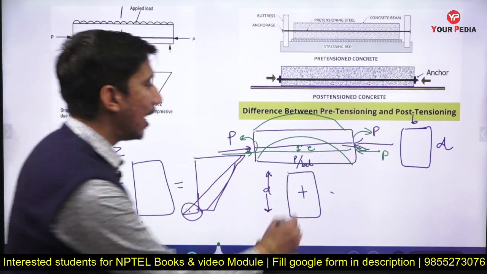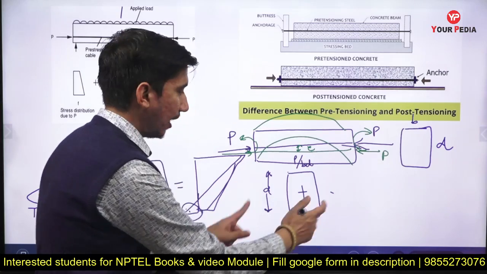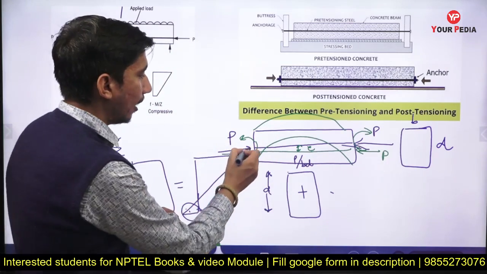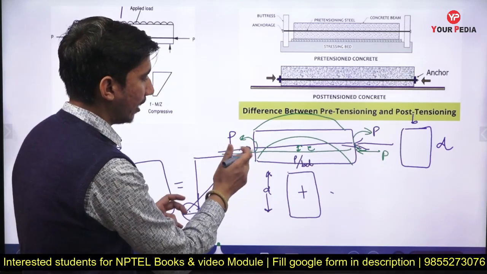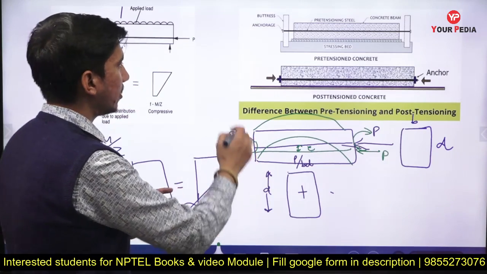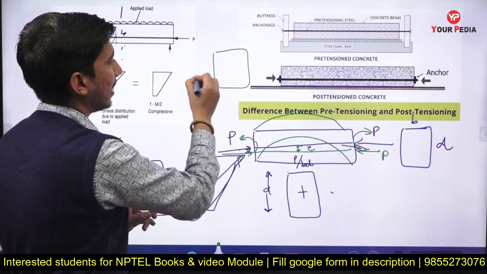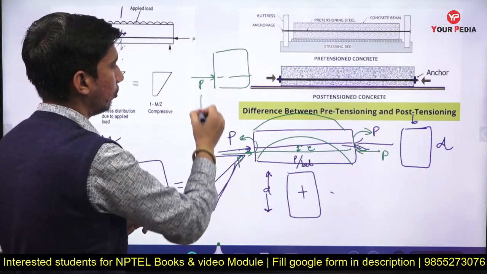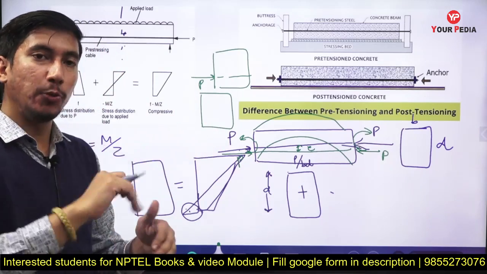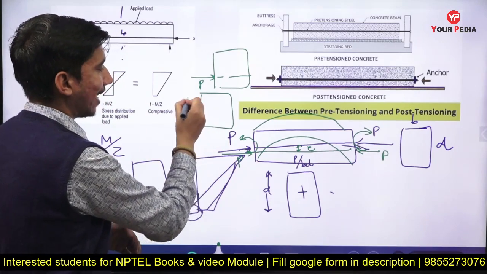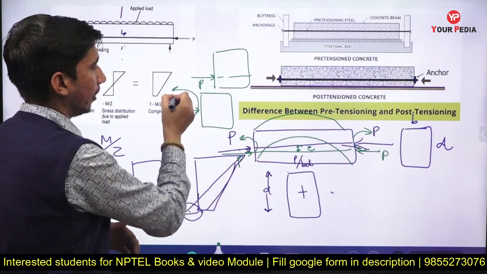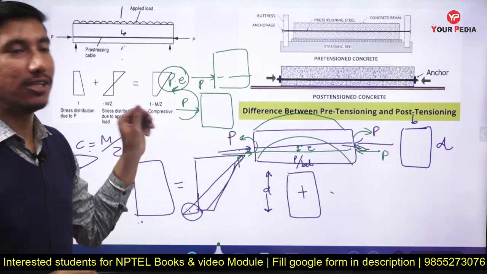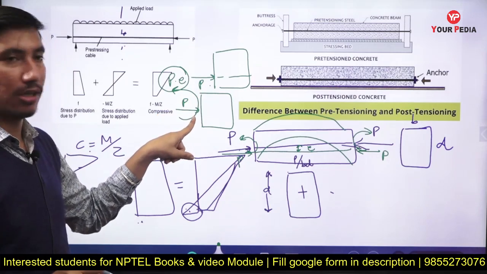In addition to this, this will develop, because this can be translated over here. If this is the P force acting at some eccentricity, it can be translated there, and the equivalent diagram is P force at the neutral axis, moreover a moment of P into E, P into eccentricity.